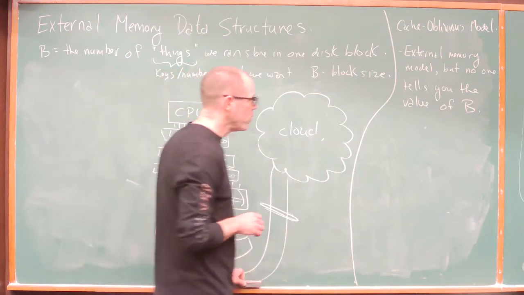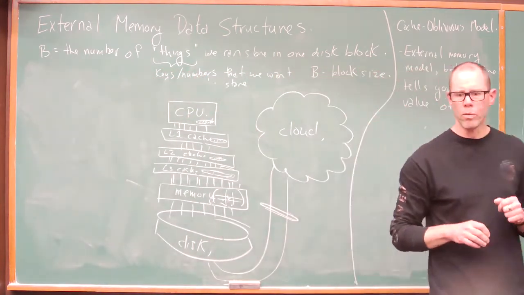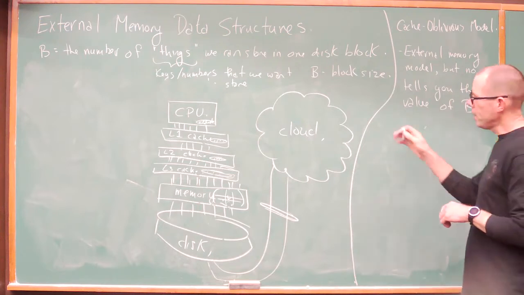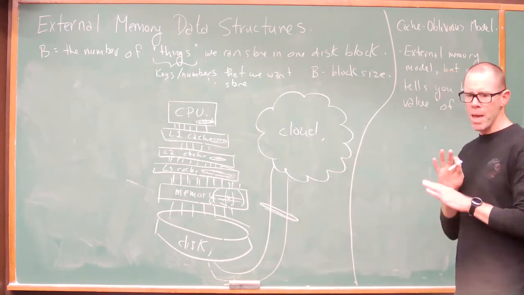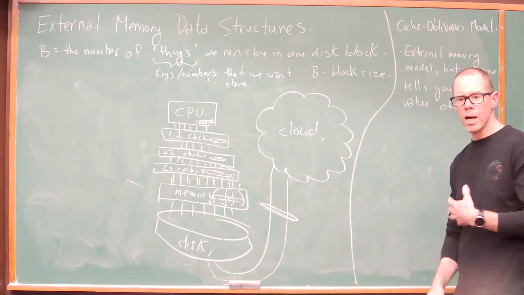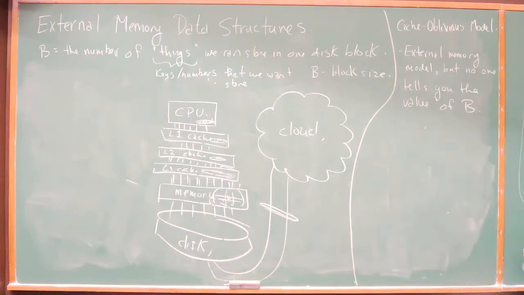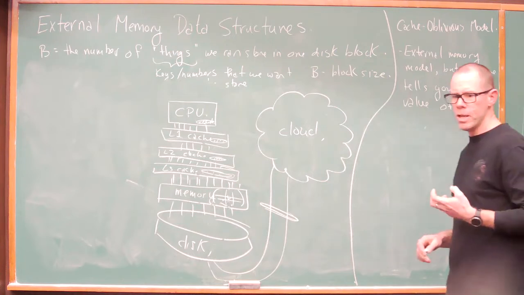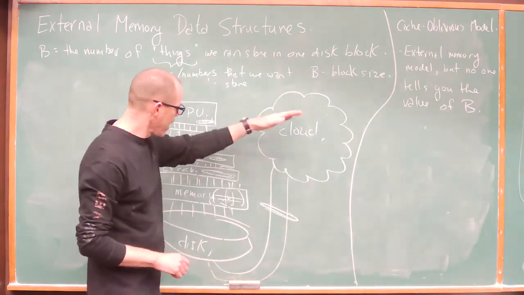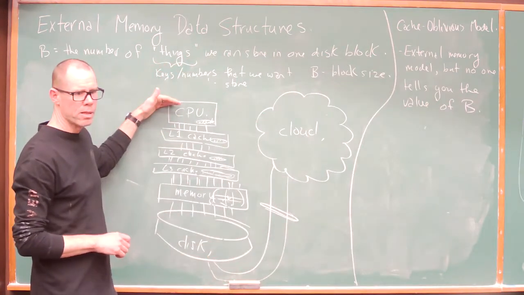The reason for not telling you the value of B is that in any computer system like this, there are many values of B, all happening at once. So if you design a data structure that works efficiently without knowing B, it works for many values of B, and in particular, it works as well as it can for every value of B in this cache hierarchy.